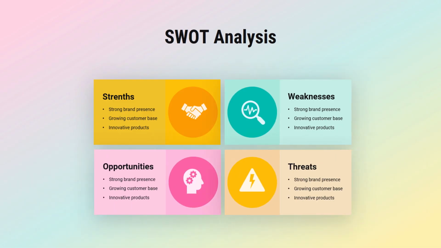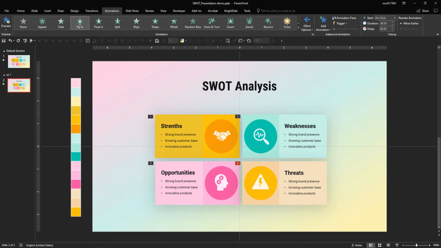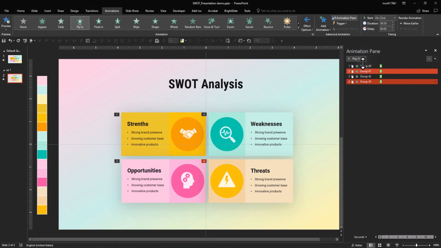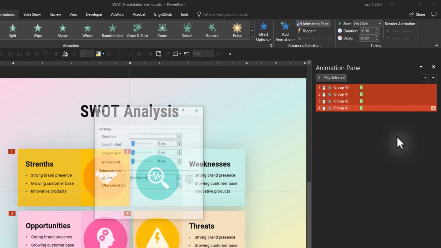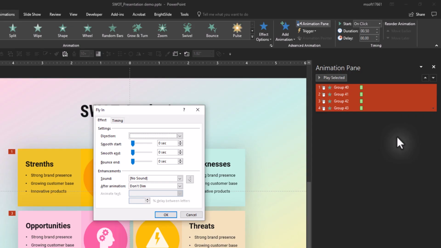The movement is a bit too linear, isn't it? We can improve the animations a little bit. Go to Animations and open the Animation pane. Select all 4 animations in the pane, right-click on the animations and choose Effect options. Under the Effect options, we can add Smooth Start and Smooth End.